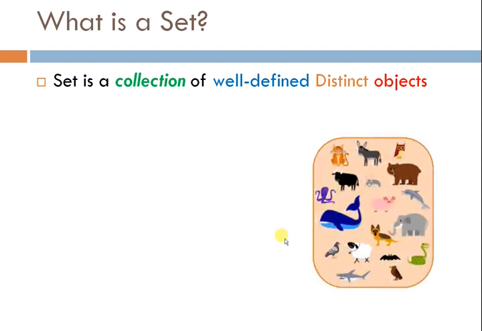Now here, this is a collection of animals. The collection may be of living things or non-living things. Here it is a collection of living things, all these elements. And how is it well defined?